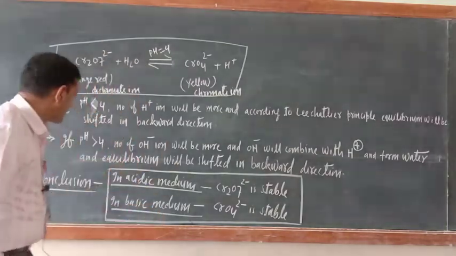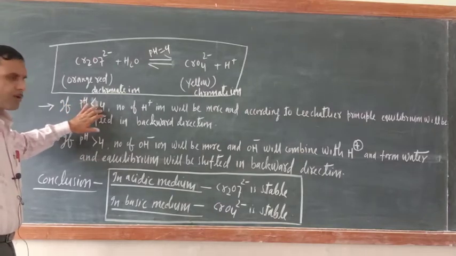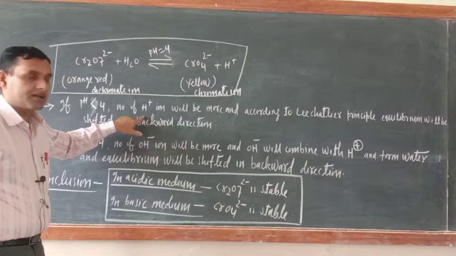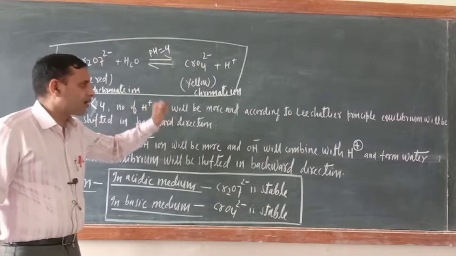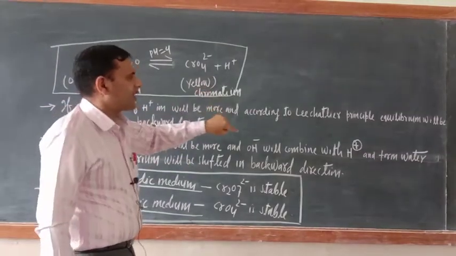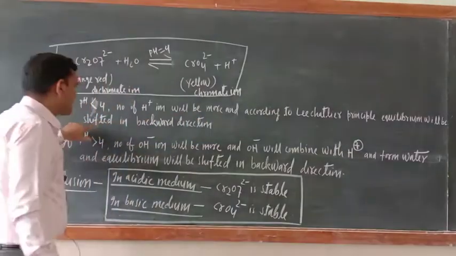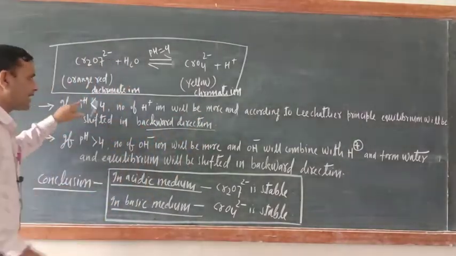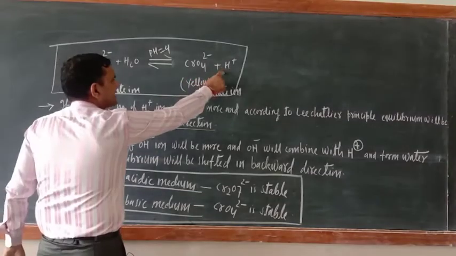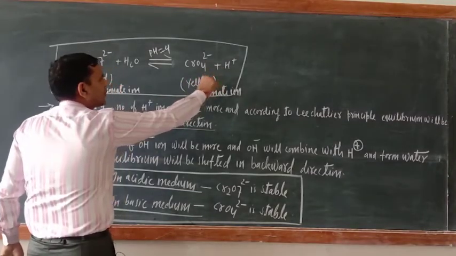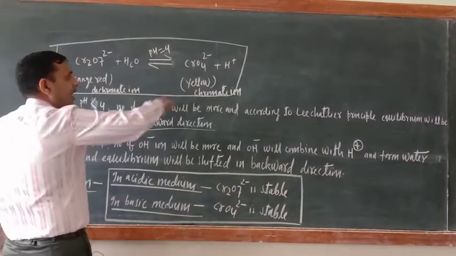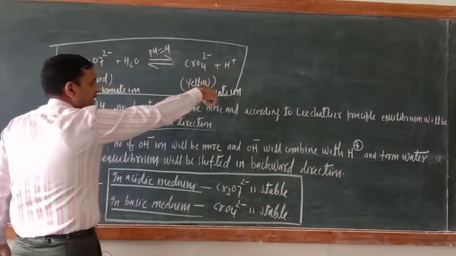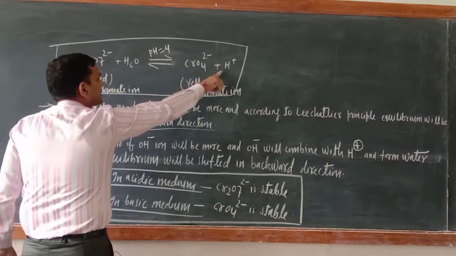So just see, if the pH is less than 4, then the number of H positive ions will be more, and according to Le Chatelier's principle, the equilibrium will shift in the backward direction. Why? Already in the product side H positive ion is there, so the H positive ion concentration will increase.